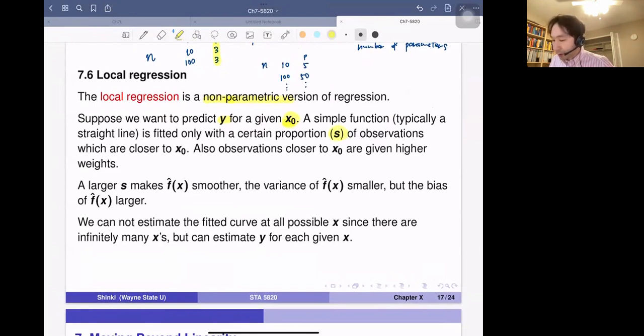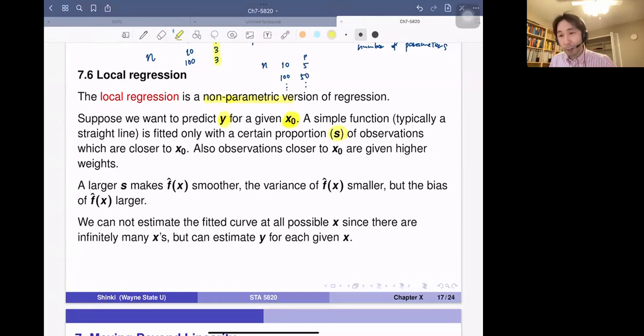One hyperparameter we have to choose is the proportion of observations which are closer to x naught. So suppose we have 1,000 observations, and what proportion should we take to make a prediction on the target observation?